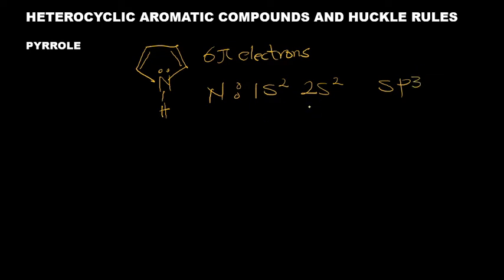So let's focus on the 2s orbital. This is our s orbital. It has this double spin. Now we have the px, py, and pz, with 1 electron each. So when hybridization takes place, if nitrogen is hybridized, we are going to have sp2 orbitals.